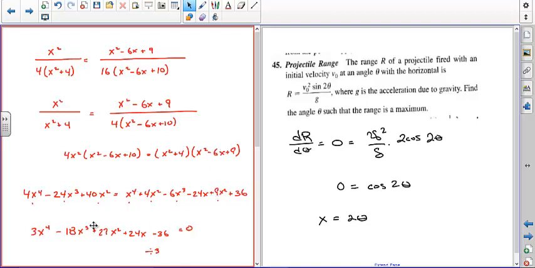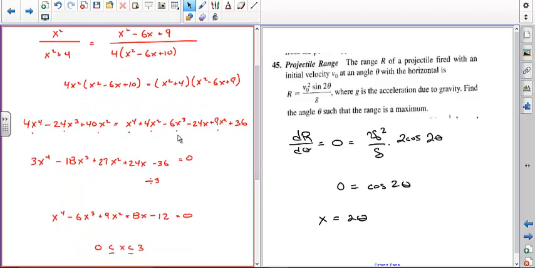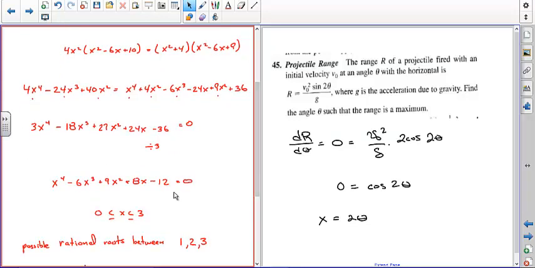Then you put everything on one side, so you'll have 4x squared minus 1x squared, which is 3x squared, negative 24x cubed, and then you add 6x cubed. When you move that to the other side, it gives you that. So just algebra. I divided by 3 because every one of these terms is divisible by 3, and that was the fourth order polynomial.